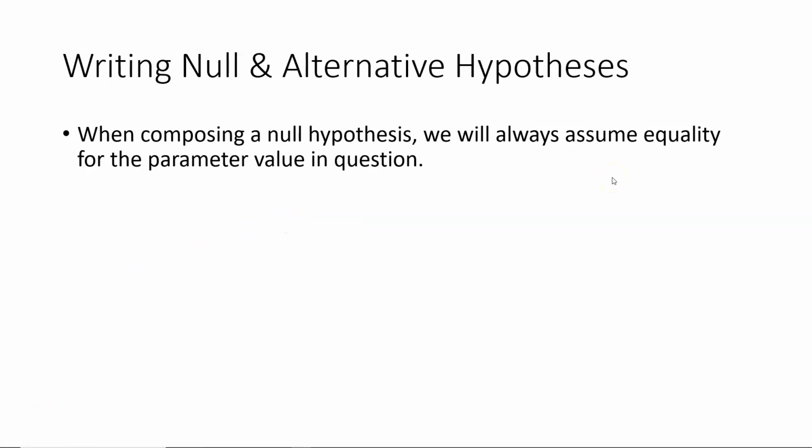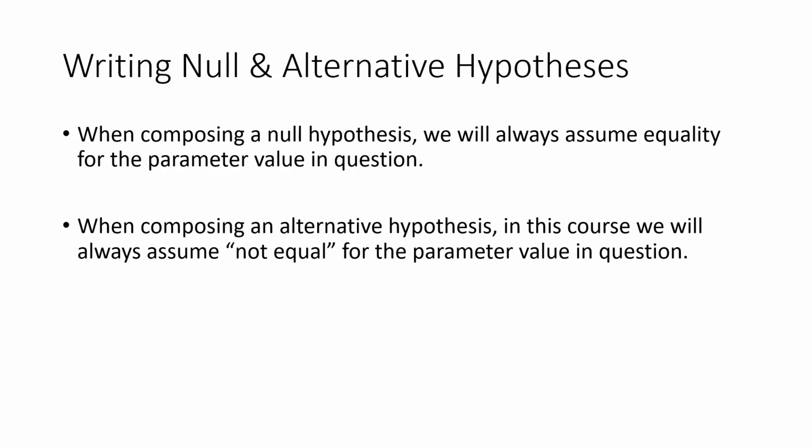So now let's discuss how to go about writing null and alternative hypotheses. Firstly, when composing a null hypothesis, we will always assume equality for the parameter value in question. Secondly, when composing an alternative hypothesis, in this course, we will always assume not equal for the parameter value in question.